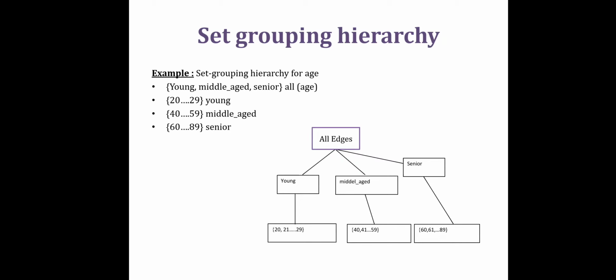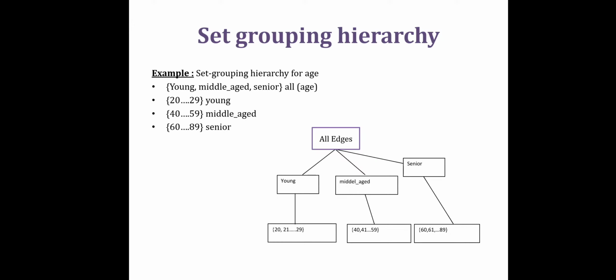In this way we are grouping our data into young, middle and senior, and those groups are divided with ranges like 20 to 29, 40 to 59 and 60 to 89. So, in this way we are converting data into different parts, groups or ranges.